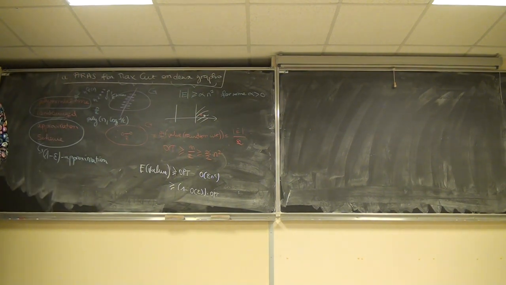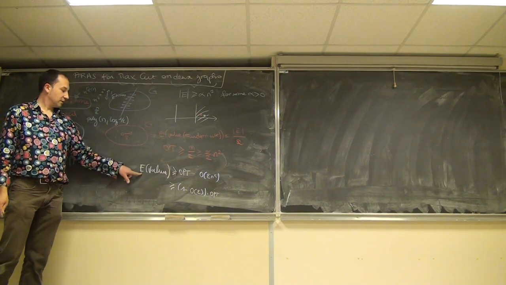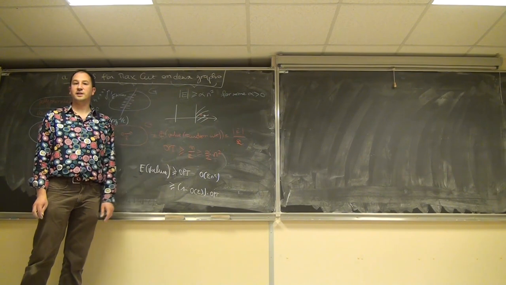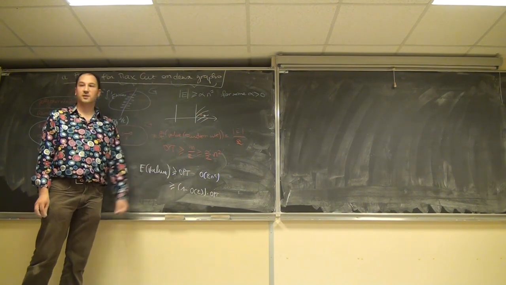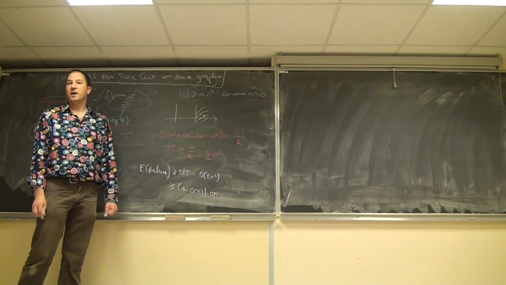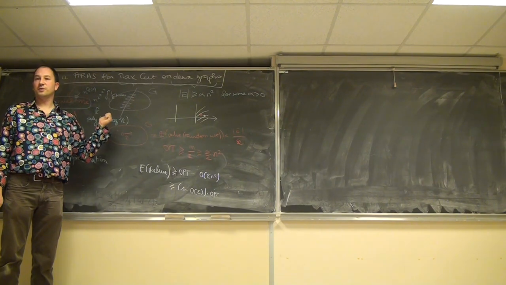So in fact, what we will do is design an approximation that outputs a cut of value about opt plus some additive term, which is of the order of epsilon n square. Basically, this should remind you of what we did before in the other algorithm, which was exactly the same.